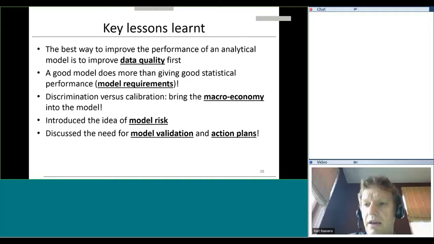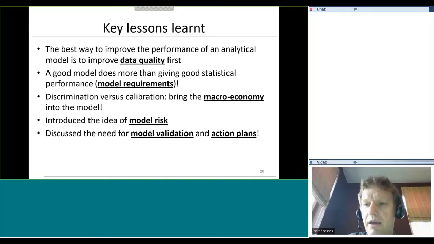Good. In this very short recap, before we move on to the demo, what are the lessons we have learned thus far? So thus far, we have learned that the best way to improve the performance of an analytical model is to improve data quality first. And remember, data quality is a multidimensional concept. It consists of data accuracy, data completeness, data consistency, data bias, data recency, etc. A good analytical model does more than giving good statistical performance.